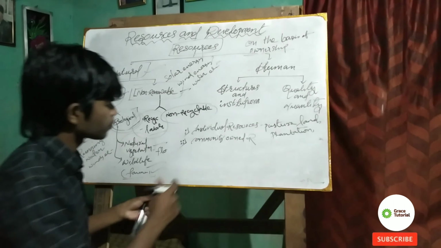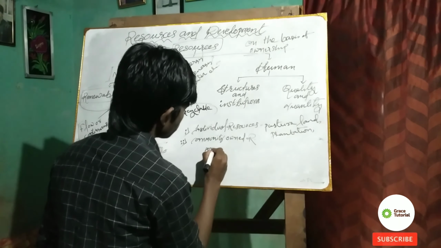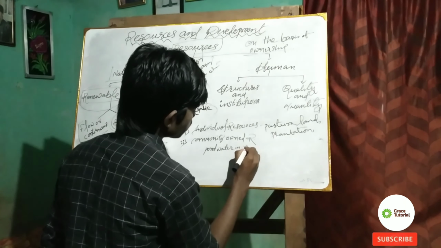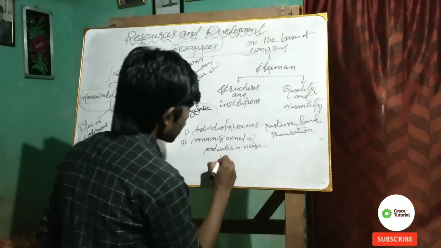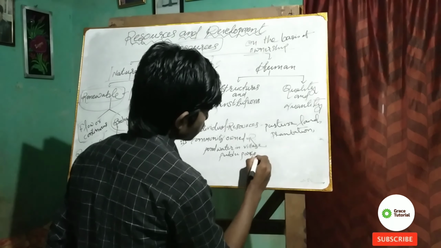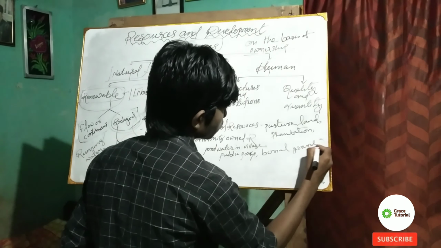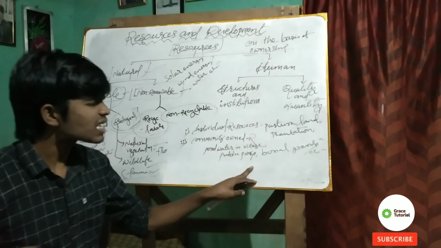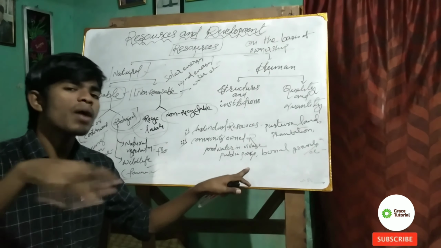For example, pond water in the village, public parks, burial grounds, etc. All these are the resources which are accessible to the entire members of that community.